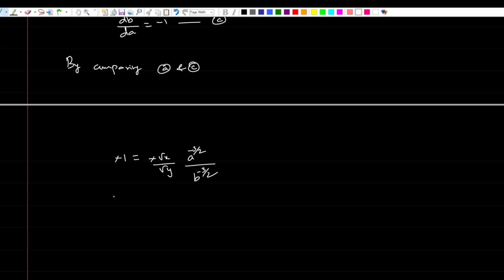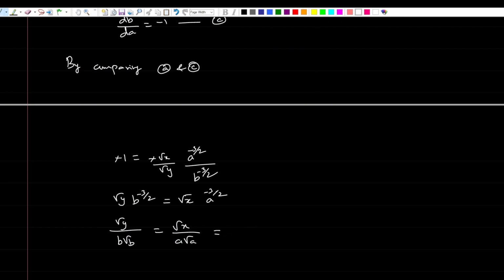So we are getting root y into b power minus 3 by 2 equal to root x into a power minus 3 by 2. So root y by b root b equal to root x by a root a.